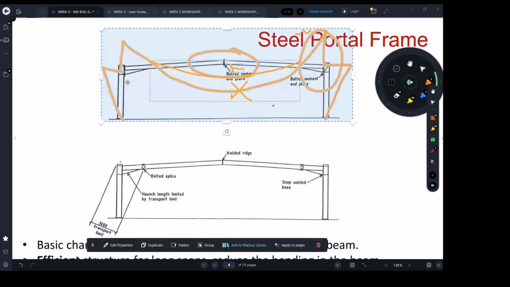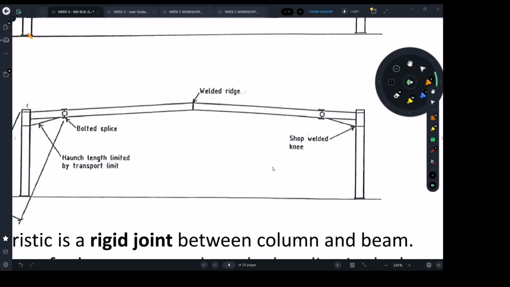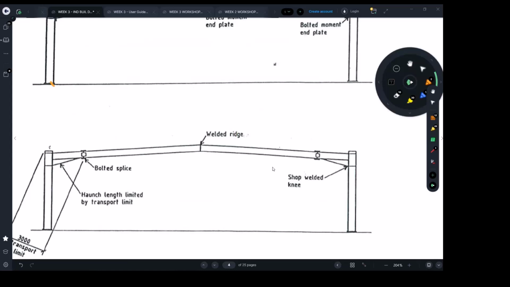And we talked about this last week as well, right? Yesterday we talked about the splices as a design concept.